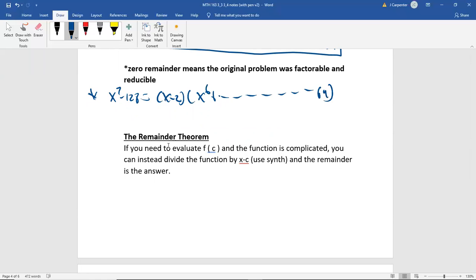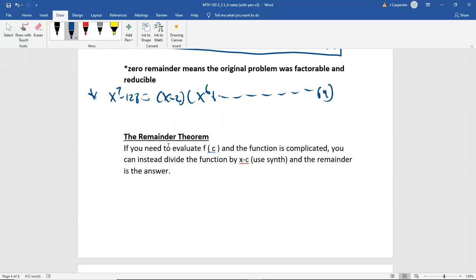If you need to evaluate a function at a number, and the function is complicated, you can instead divide the function by x minus c. You could use long division, but my parentheses is suggesting that you use synthetic division for the sake of time and complexity. And when you do this, the remainder is the answer.